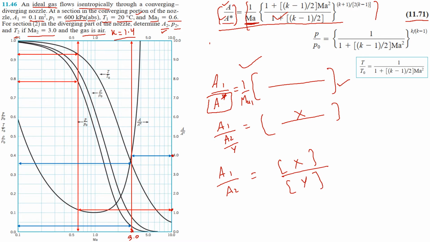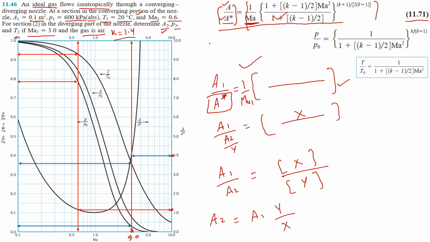Now I can again rearrange this equation, and I need the area A2 because this is my unknown. So for A2, this equation becomes A2 is equal to A1 into y over x.